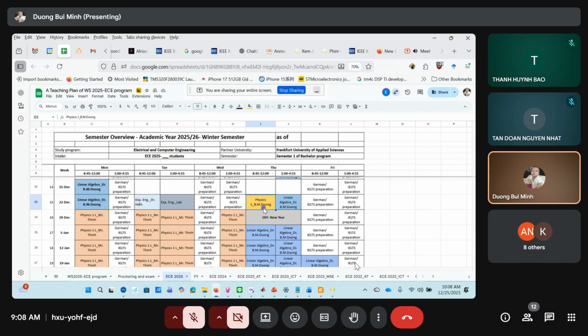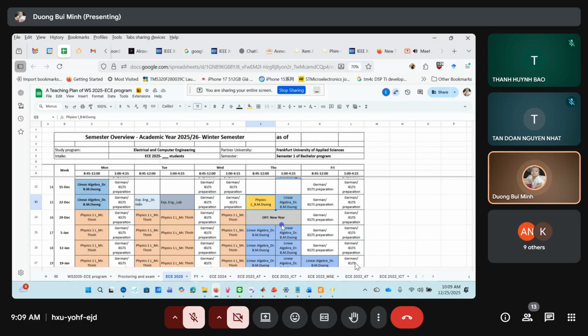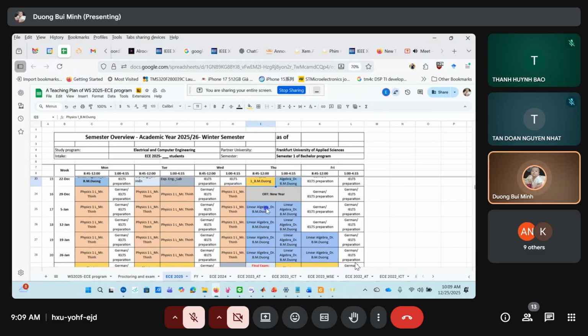For this course, we have 12 classes in total. I will come back to Vietnam next week, so we will study on site in the other classes.